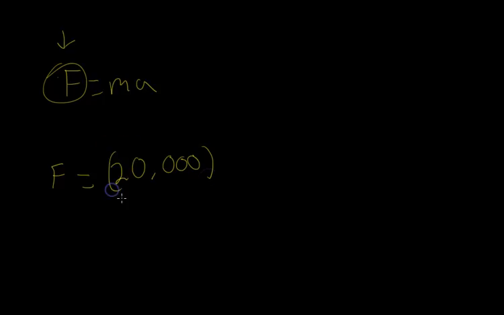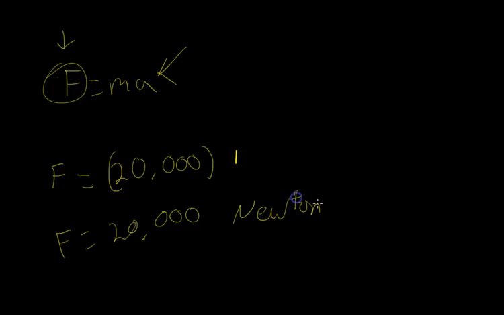I'm going to put that in parentheses because it's a rather large number. To accelerate 1 meter per second, so then there's our acceleration, it's just 1. Well, that's really easy. Now the force is 20,000 newtons. Very simple.